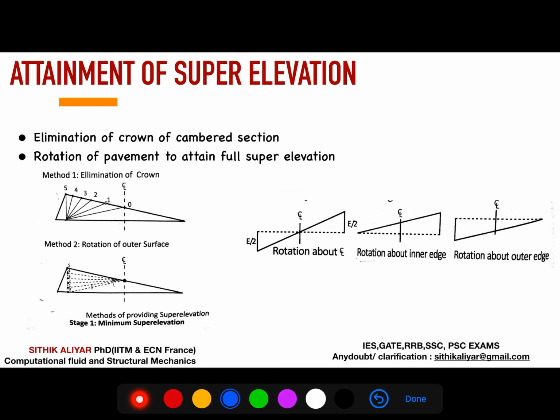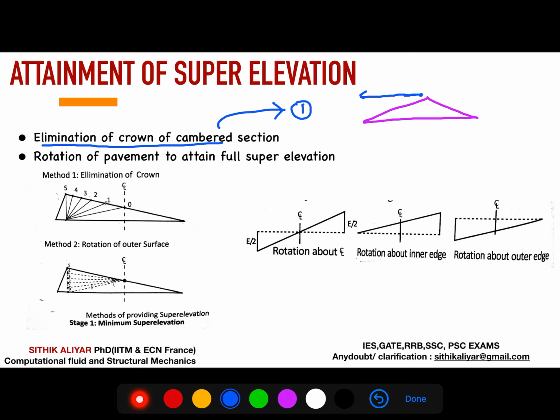Okay, so now, how to attain the super elevation: you can attain the super elevation in two ways. One is, I hope you remember, there is something called camber, right? This camber can be shifted towards the outside. That is one way. The first way is elimination of the crown of the camber. That can be done in two ways.